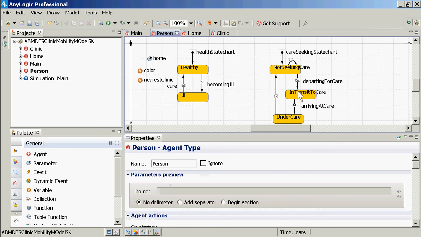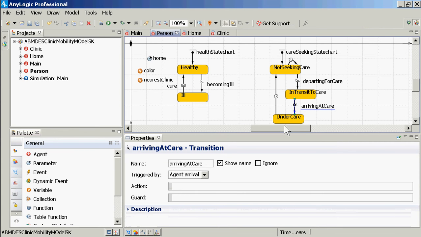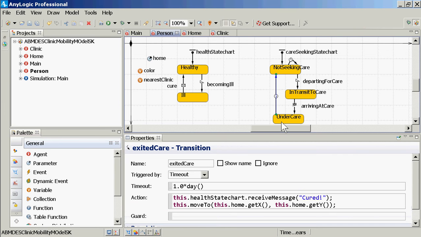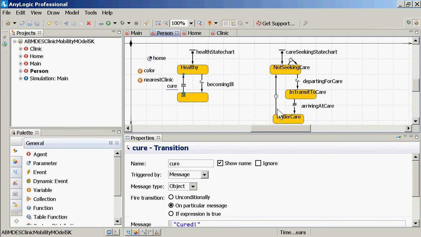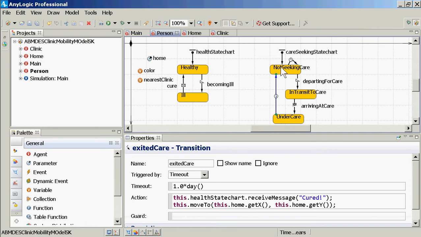Upon finishing that time under care, within a day, they then become cured. That's indicated by transitioning them in this other state chart back to healthy, triggered by this cured message. But they also transition back, in terms of care seeking, to a not seeking care state. They furthermore return to their home location at that point. Does that make sense?